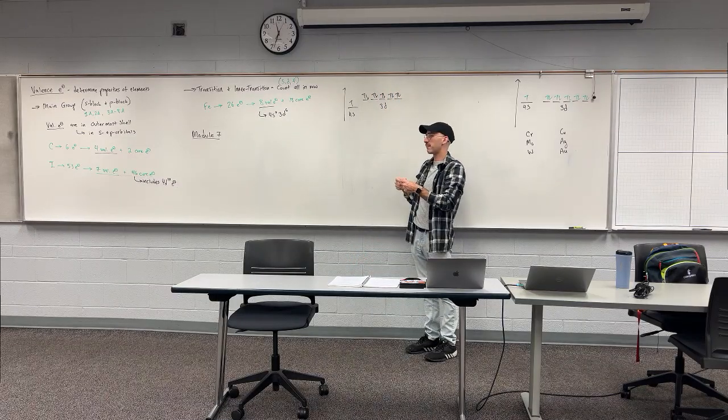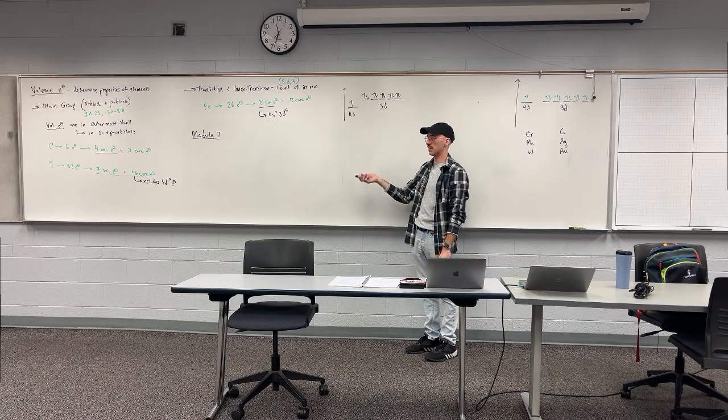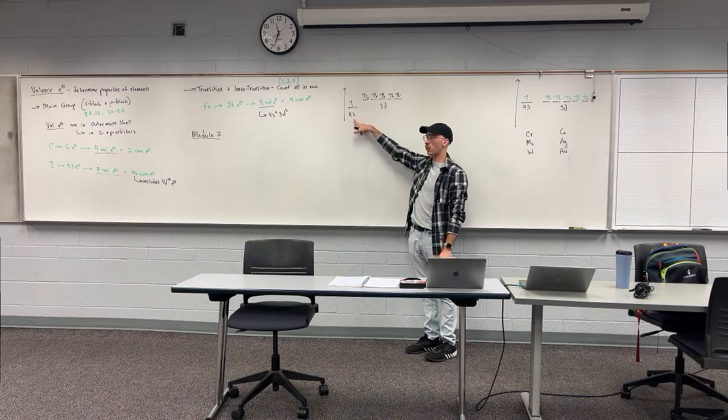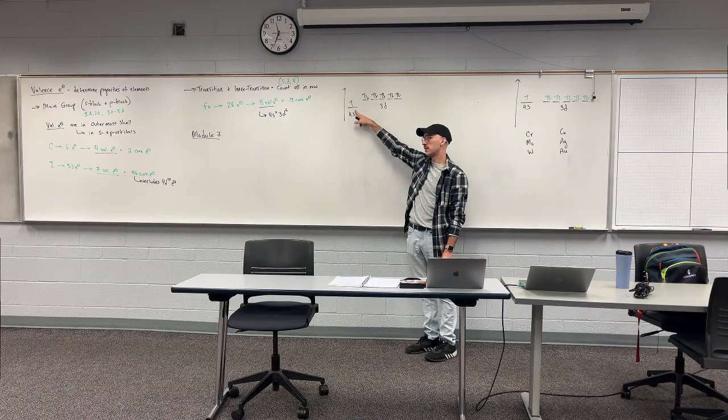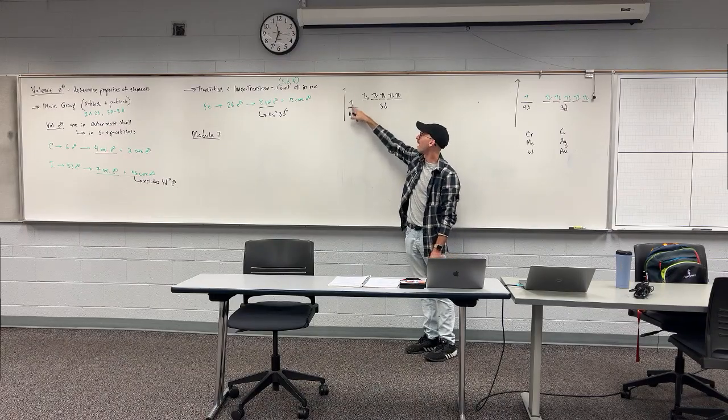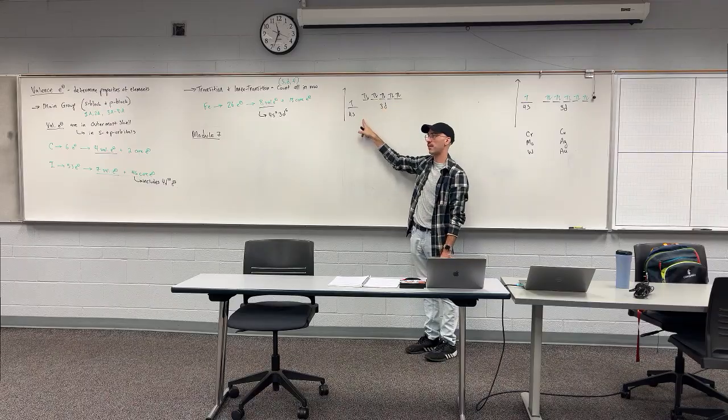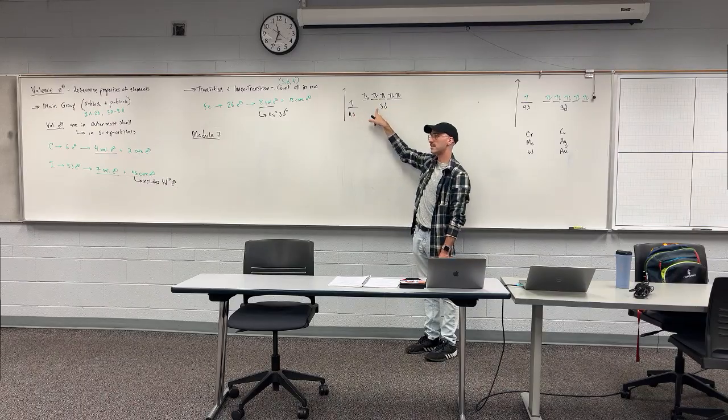I can't say that valence electrons are just those in the outermost shell, because 4 would be the outermost shell. That would claim that copper has 1 valence electron. But actually, copper has 11 valence electrons. I'm counting both the S and the D.